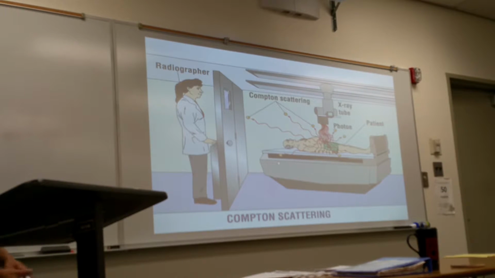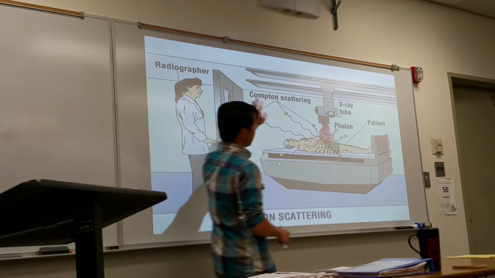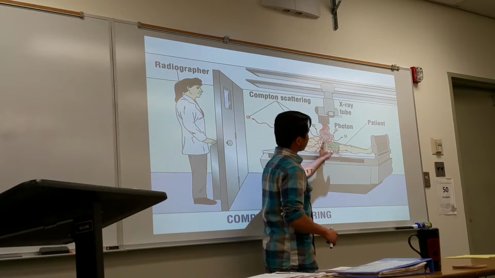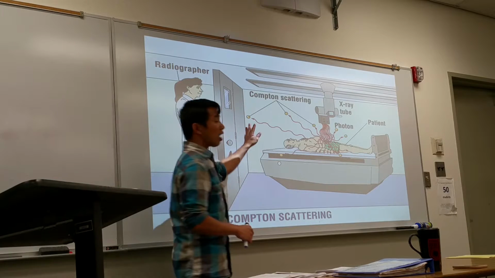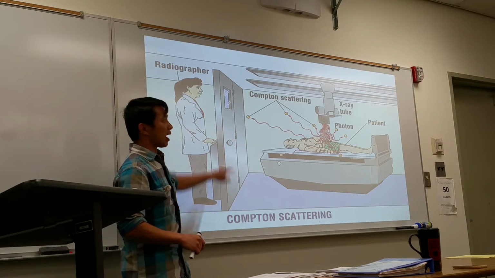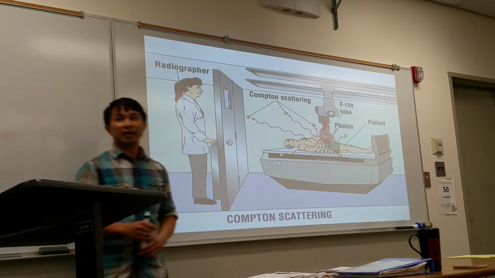Compton radiation goes through the patient, the film, or other anatomy, then can come out as scatter in the form of Compton. That's how we need to protect ourselves from scatter radiation.